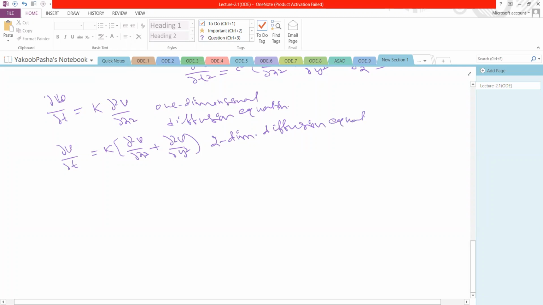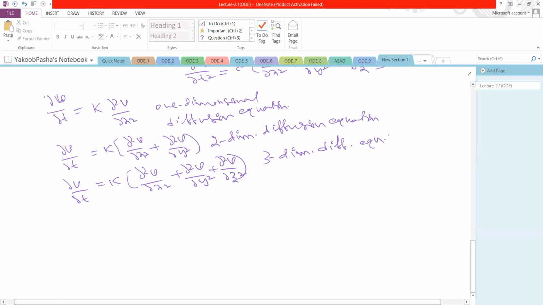And we can also take the three-dimensional diffusion equation, that is ∂v/∂t = k(∂²v/∂x² + ∂²v/∂y² + ∂²v/∂z²). This is the three-dimensional diffusion equation. Now we have to remember the one-dimensional diffusion equation. From this we can generalize to the two-dimensional as well as the three-dimensional diffusion equation.